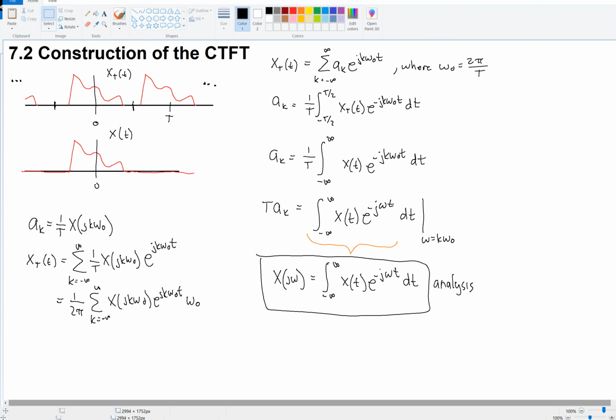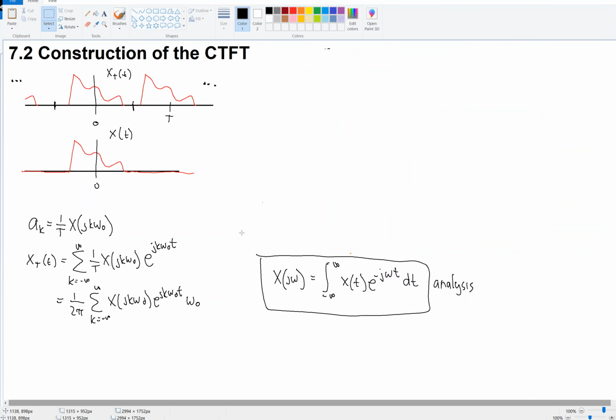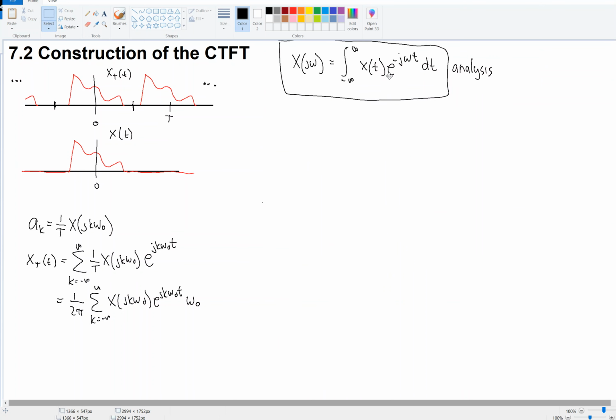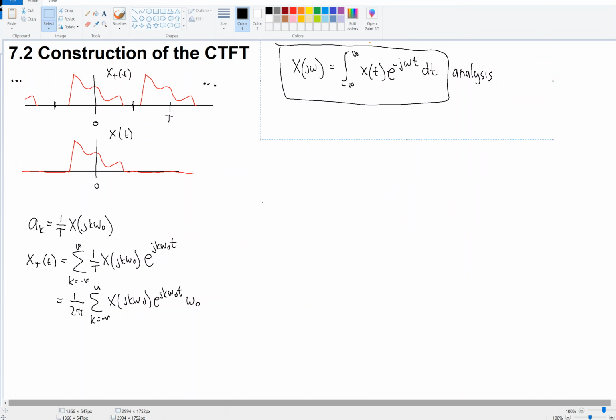Okay, now I need some space, so I'm going to delete this. I'm going to try to keep our result, though, so I'm going to keep that up there. Now, let us look at this part here, x times e.